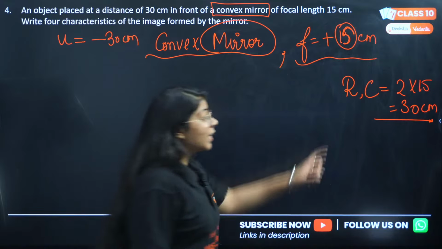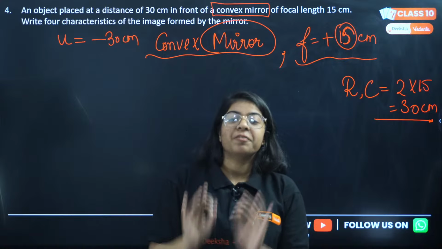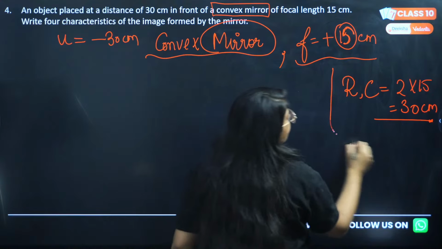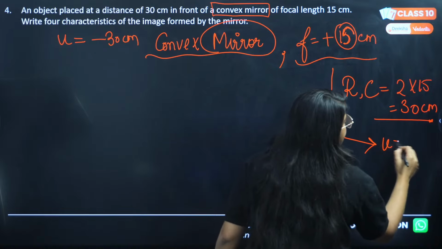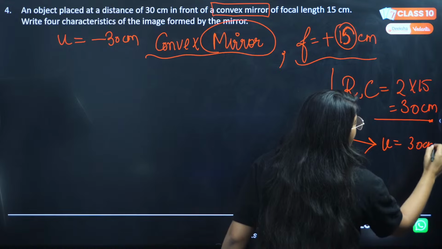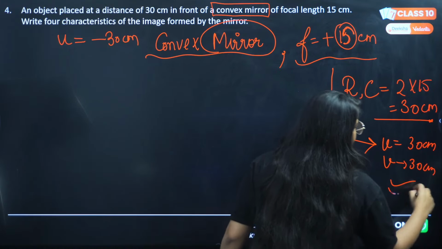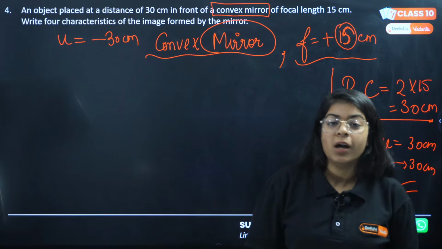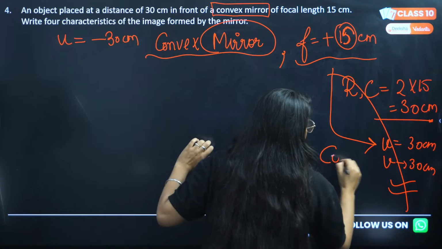Now you can either choose this, but you have to be very careful on what kind of mirror we are using. If it was a concave mirror, we could have directly said that after calculating the radius of curvature, u is at the radius of curvature, so the image will also be at the radius of curvature, and hence our question is solved. It will be of same size, real, inverted, whatever. But this is for a concave mirror.